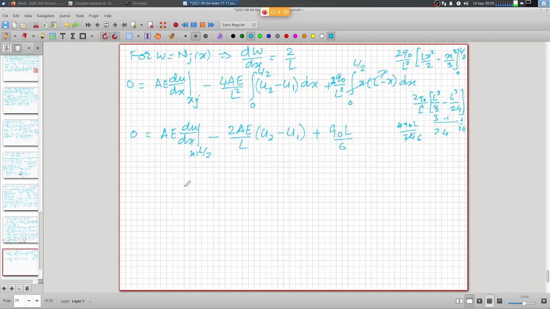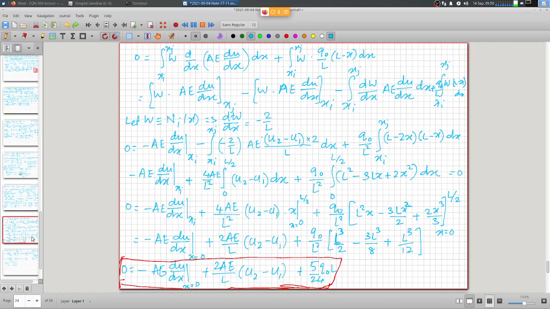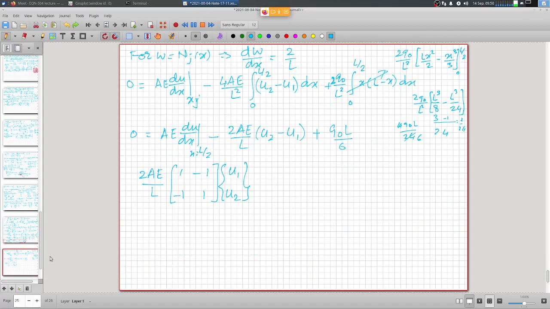That's the second equation. So let us collect the terms. We have 2AE by L, [1 minus 1; minus 1 1], [u1; u2]. Well, somewhere I started using 1 and 2 for i and j, but in this element it doesn't matter.